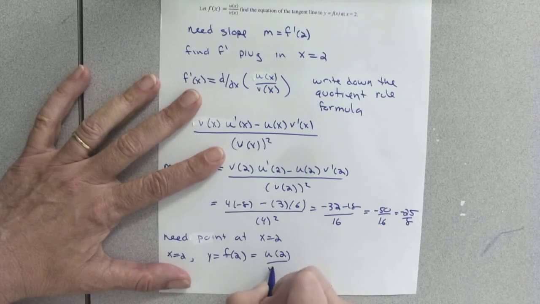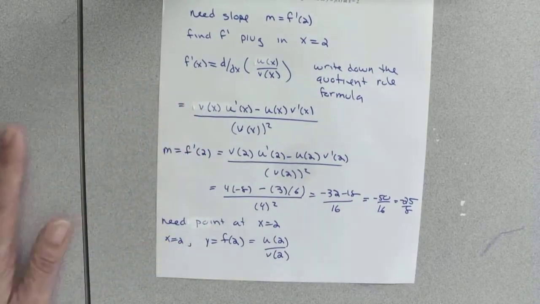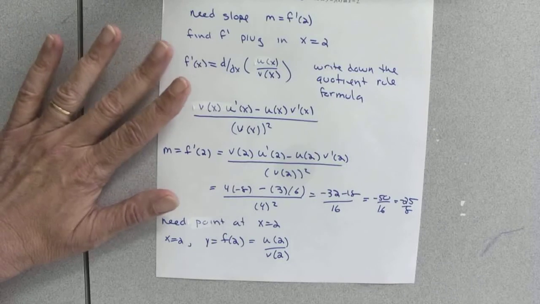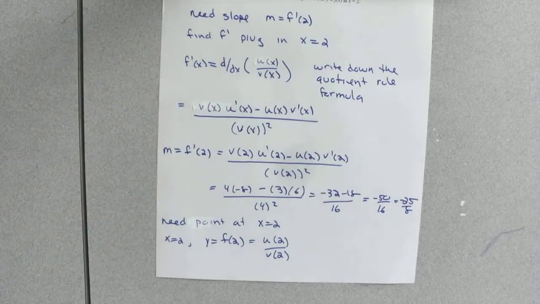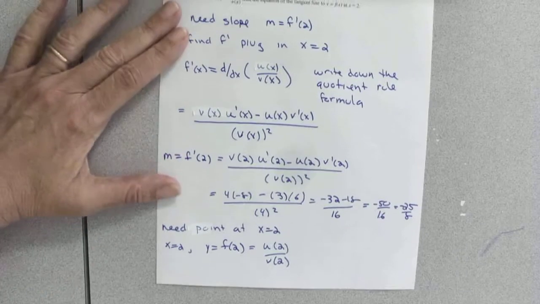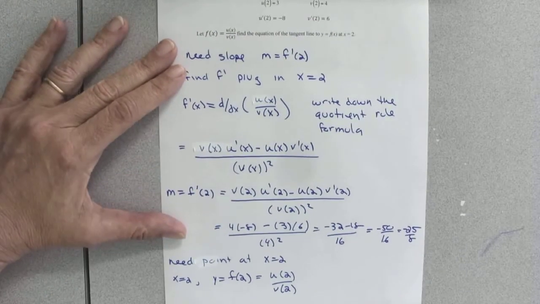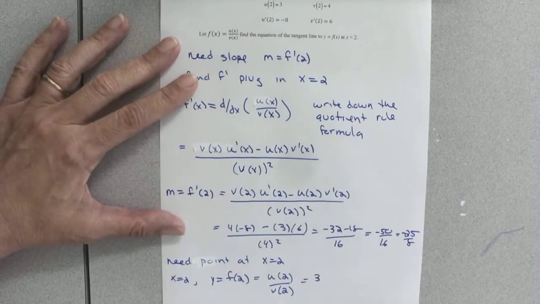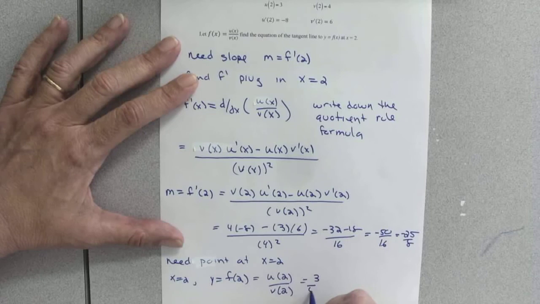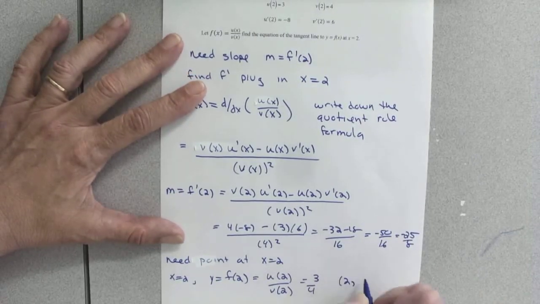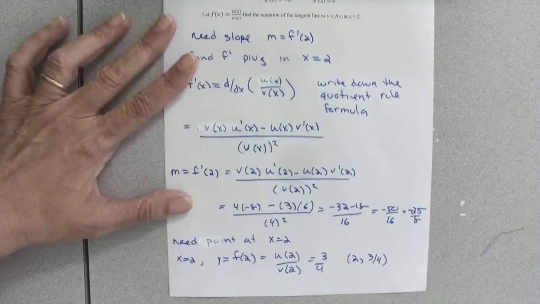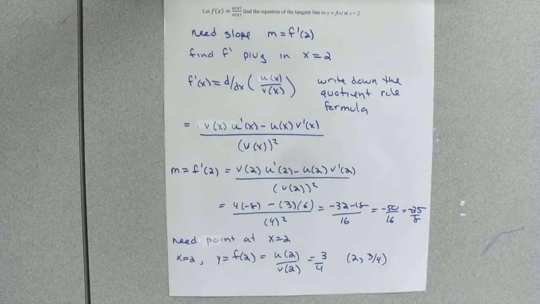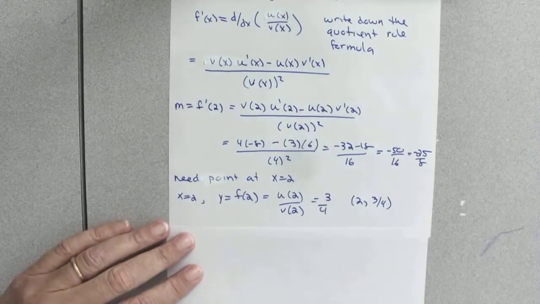But all I know about f is that it's u over v. So in this case, u of 2 over v of 2. And can we get it all on one screen? Yeah, u of 2 was 3. V of 2 was 4. And so the point is (2, 3/4). And so now I can answer the actual question.